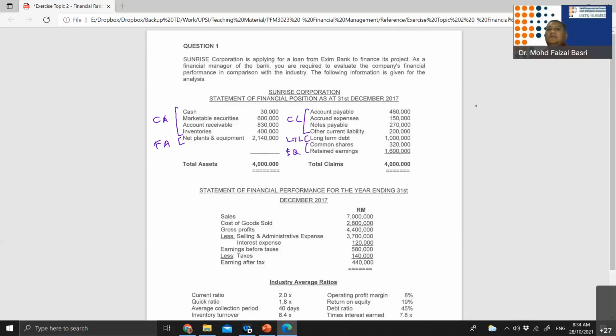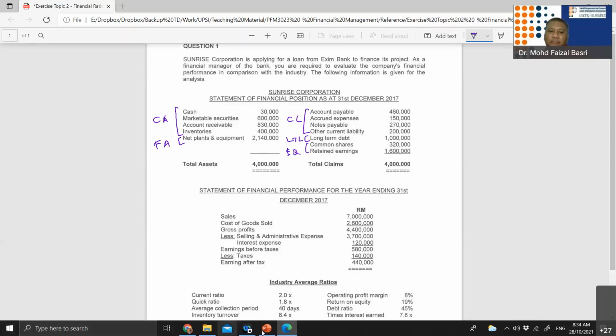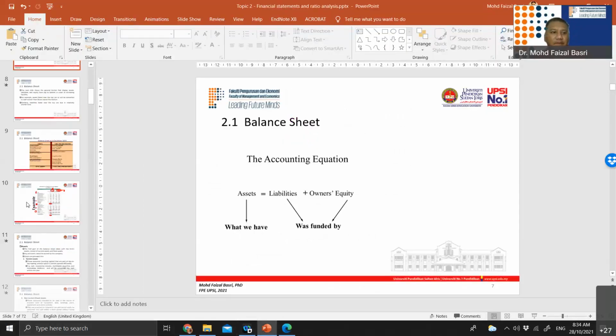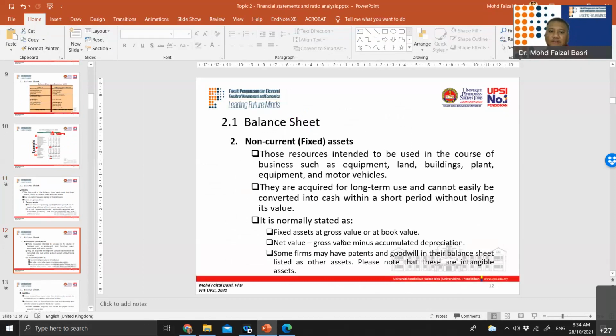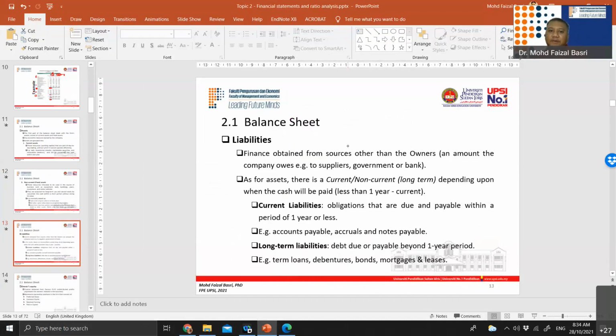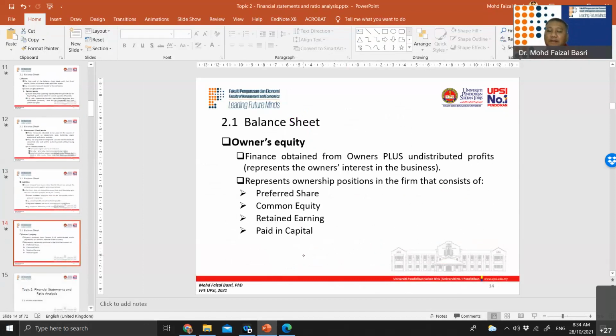Under the balance sheet, we have 5 different categories. For a recap, it is written in the notes. You can see the balance sheet has current assets with items, then non-current or fixed assets. Liabilities have current and long-term liabilities. Lastly, equity. Even though we have 3 items, we have subcategories.